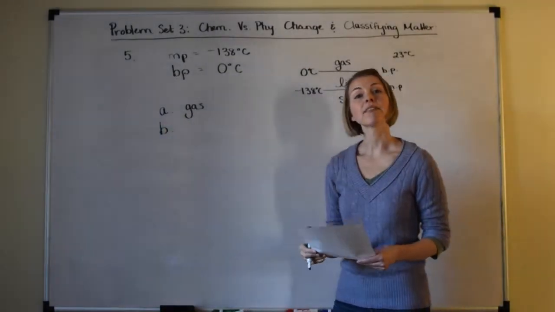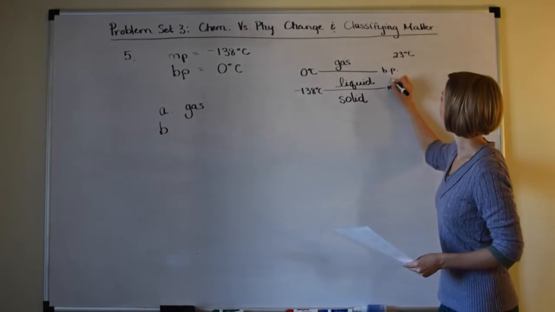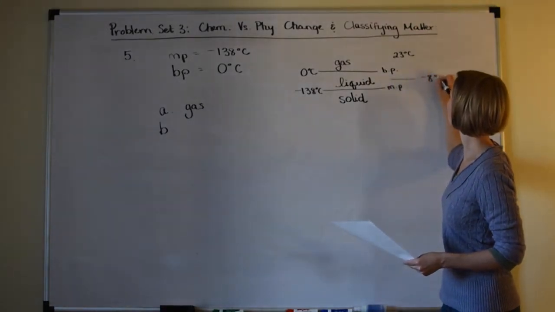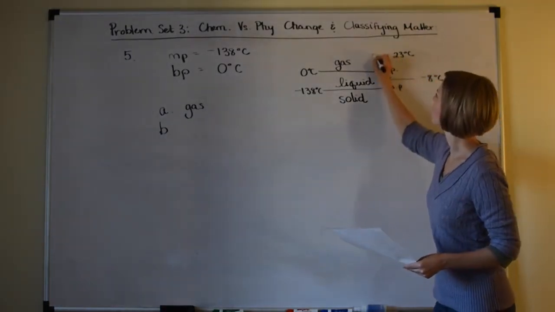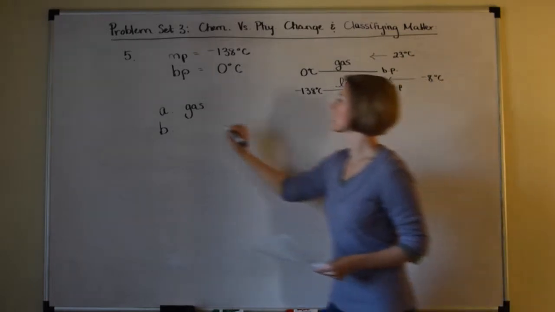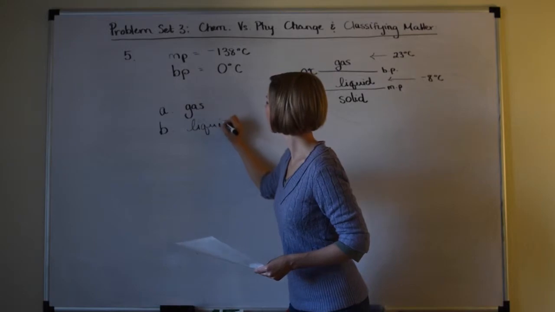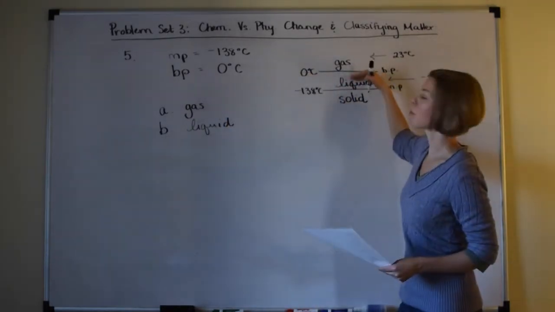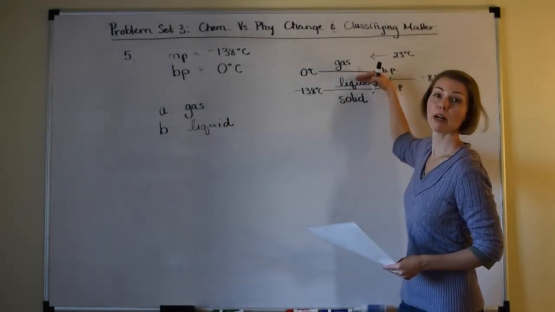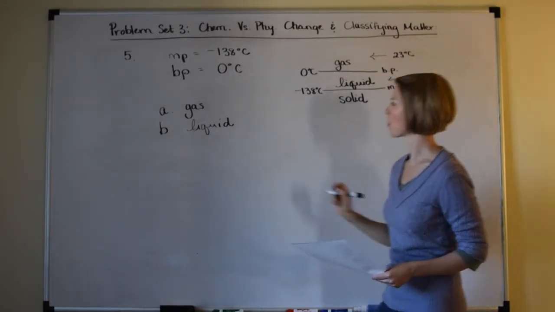B, negative 8 degrees Celsius would fall here, where butane, put a little arrow there, would be in the liquid state. Okay, it's below the boiling point, but above its melting point, so it would be in the liquid state.